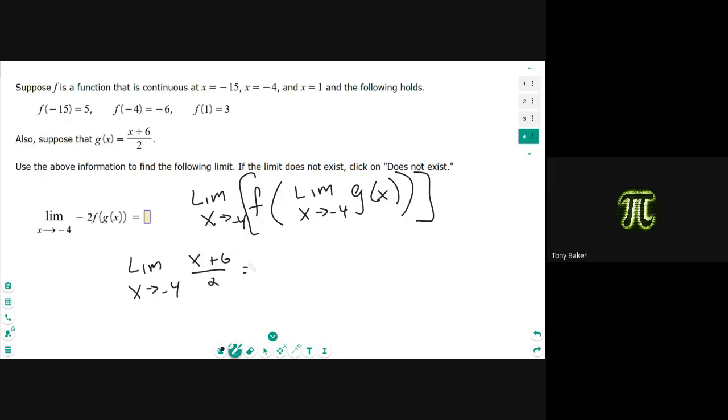If I plug in -4, I get 1. Oh, actually, that was the value of that, so I don't need the limit up there. So now I have f of 1, which we know is 3.